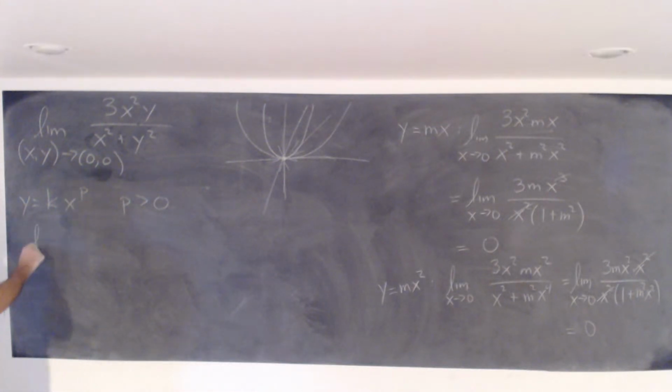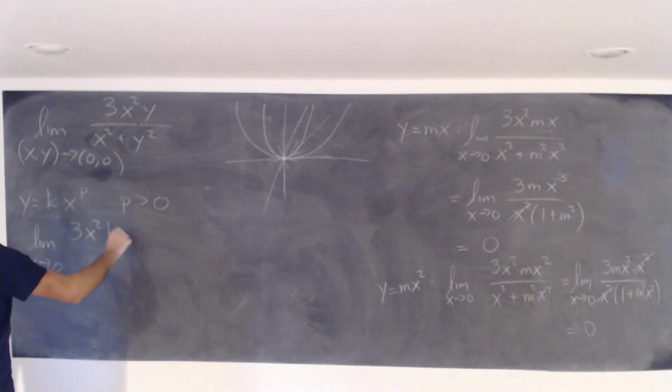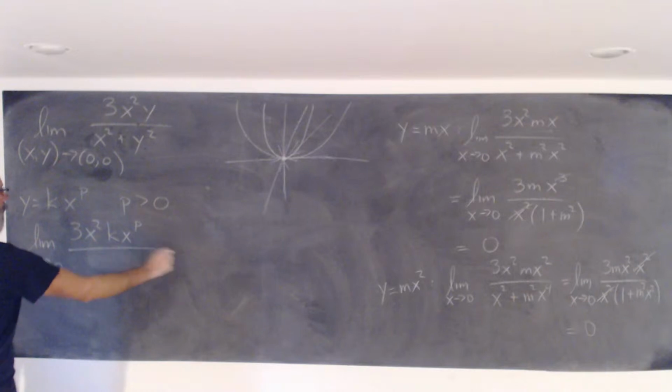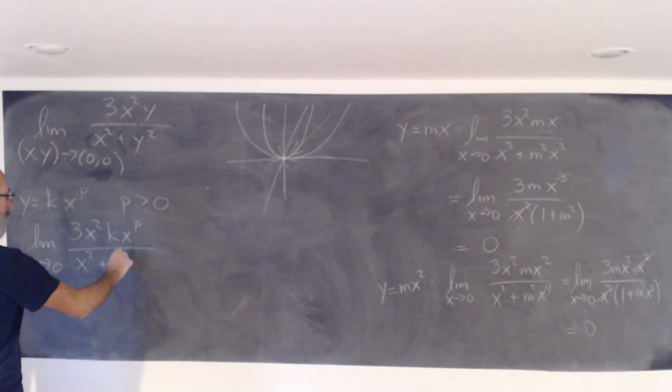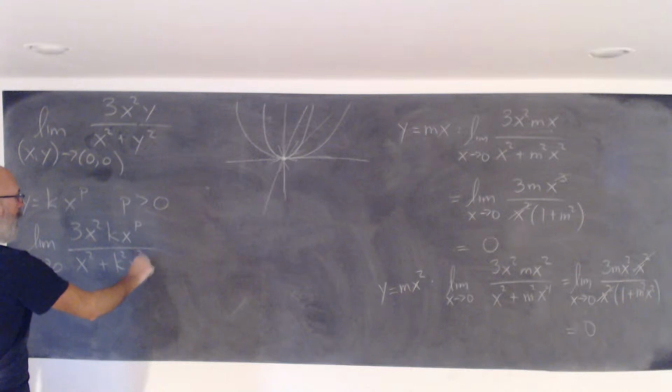What do we get in that case? Limit as x goes to 0, 3x squared kx to the p over x squared plus k squared x to the 2p.